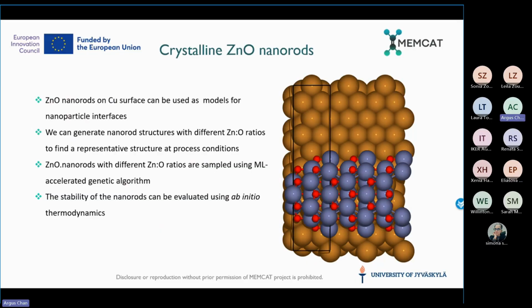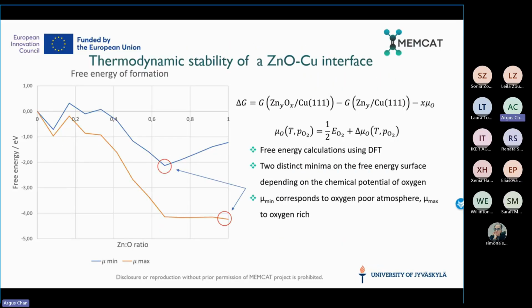So we went for larger structures, these periodic elongated zinc oxide nanostructures, and we varied the zinc oxygen ratio. Normally, people have so far mainly considered the stoichiometric ratio, but we chose differently. We sampled different zinc oxygen ratios using the machine learning accelerated genetic algorithm approach, and we then evaluated the stability of these structures using an atomistic thermodynamic approach.